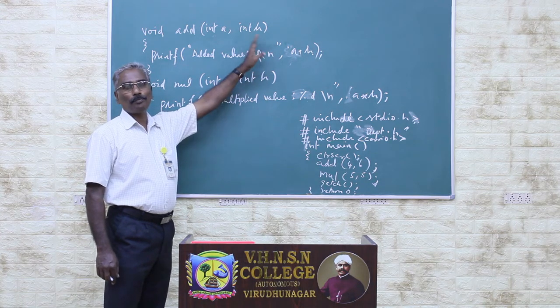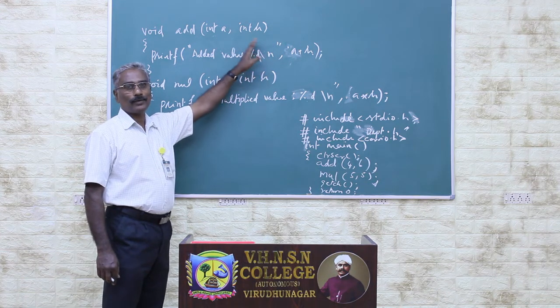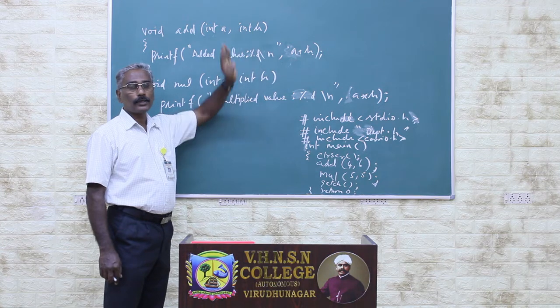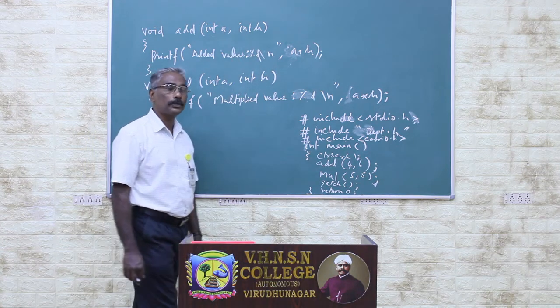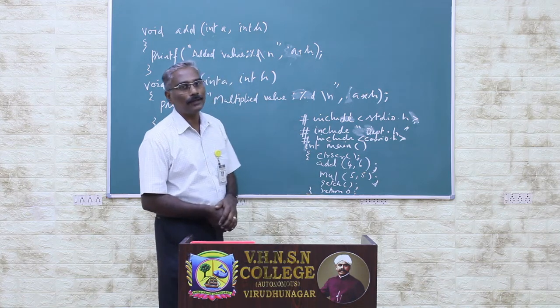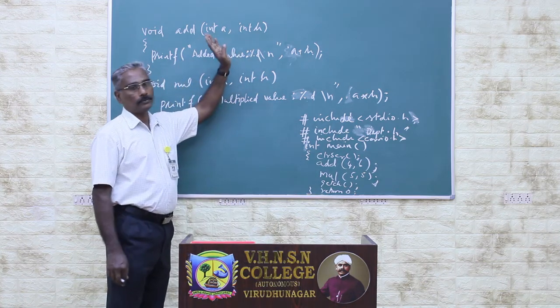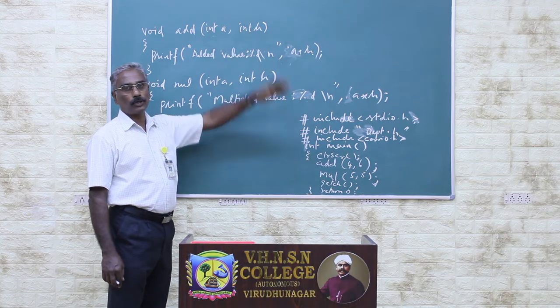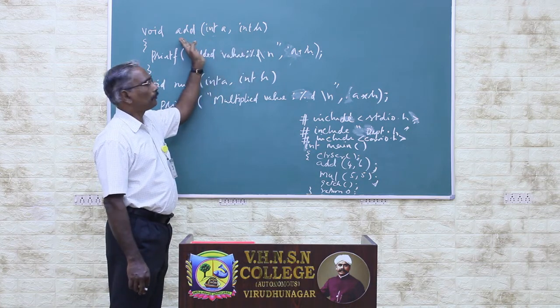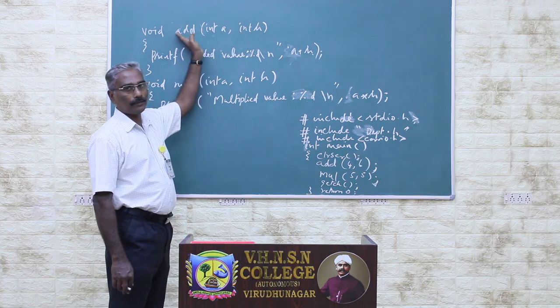These a and b are the integer data type, and these int a as well as int b are given as the parameters, or you can say arguments. You are passing the values to the arguments. So these are the two parameters that will be used in the function add.